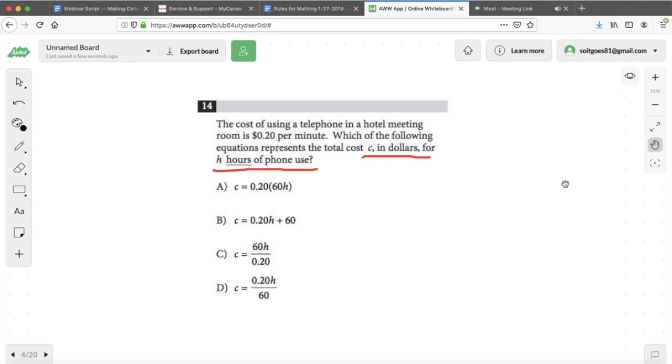Let's create a value for the number of hours, Simon. Does that make sense? And then we'll find out how much it costs for that number of hours, just logically. And then we'll plug those values into the answer choice and see what matches up. So give me a value for H, for the number of hours. 1. I love it so much, Simon. Let's do 1 hour. Why not?